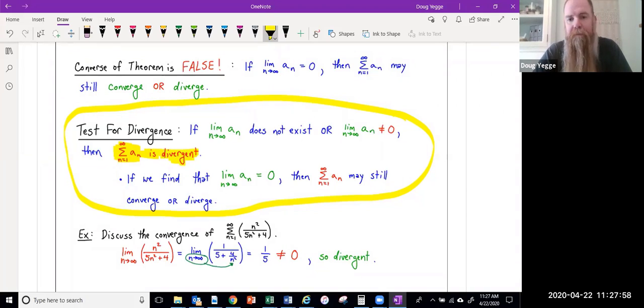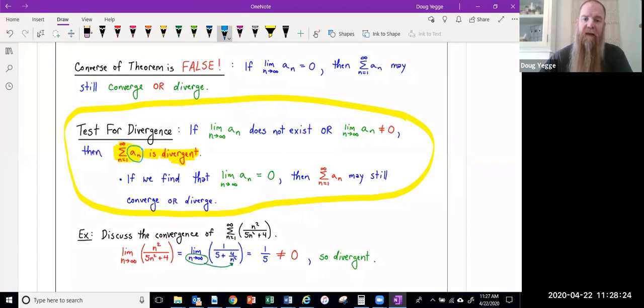So how can I determine if a series is divergent? One way to do it is to just take the limit of the sequence. Meaning, why don't we just look at how all of the sequence terms behave? If I don't even look to see what all of the terms add up to, maybe I could just tell if it diverges if I just look at the terms in the sequence.